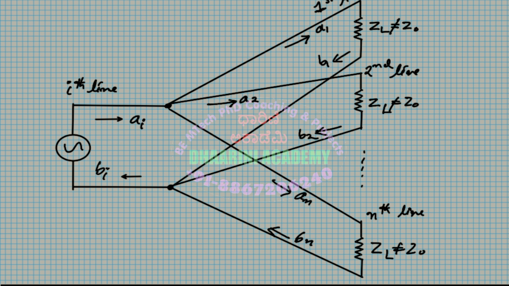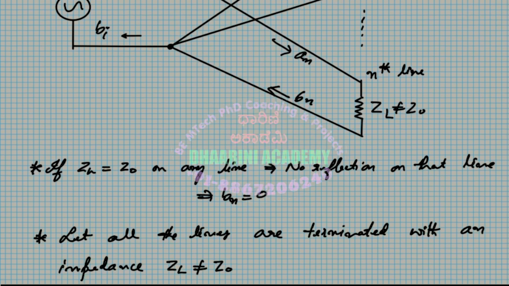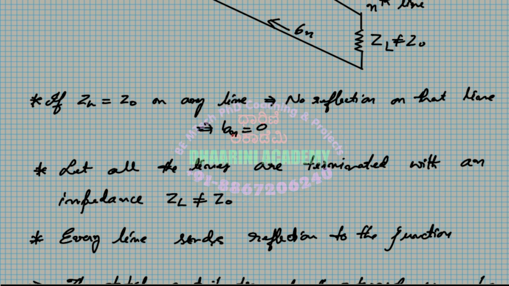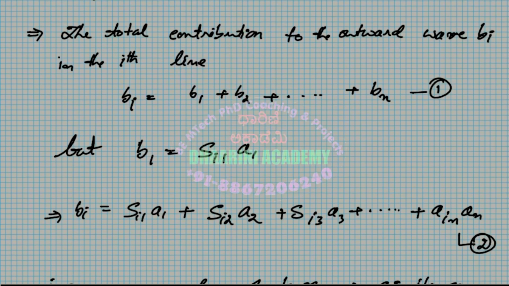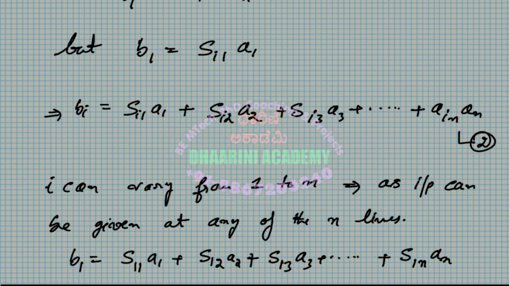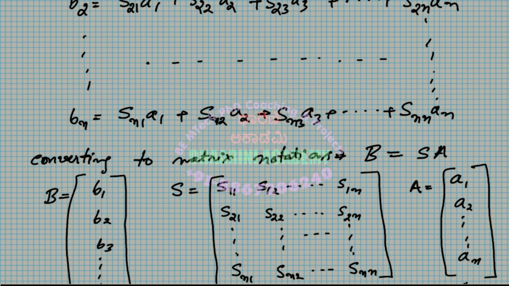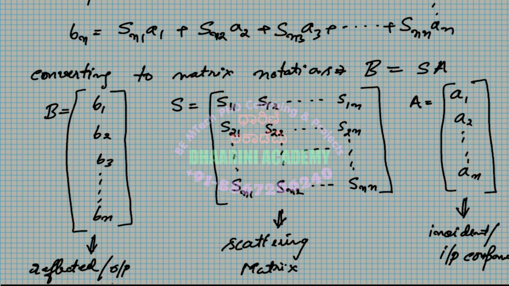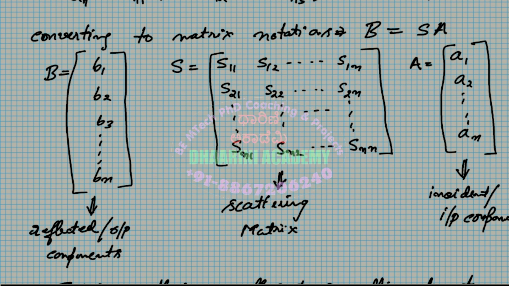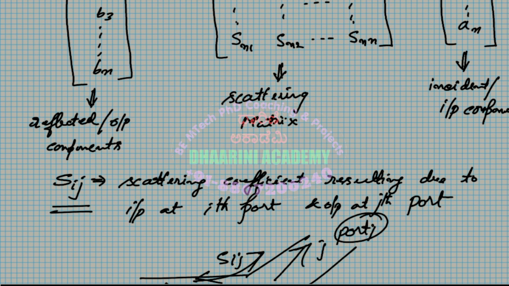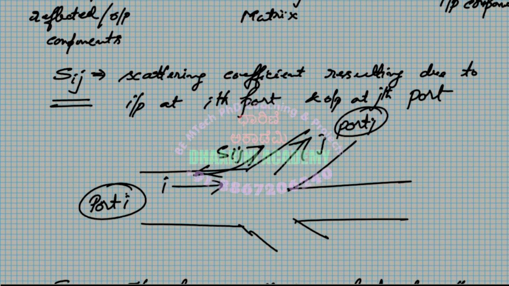Then we considered a circuit equivalent and applied nodal analysis to the junction, and from there we derived what is called the scattering parameter. Ultimately we can write a matrix notation for calculating the energy available at various ports, provided we know the incident energy.